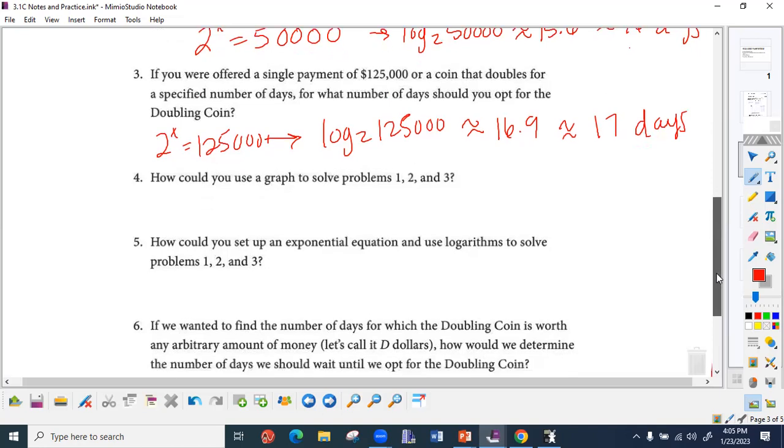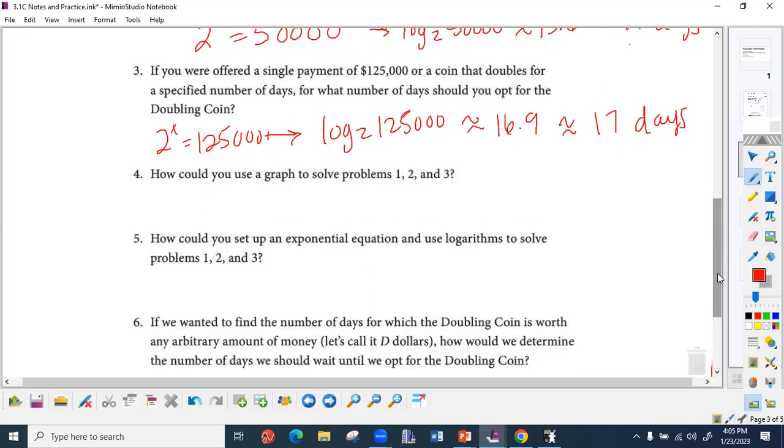All right, it says, so how would you use a graph to solve this? So if we were looking at a graph, what would we do? If I had a graph, notice here they're giving us our output, right? So if they're giving us our output, we're looking for the input.